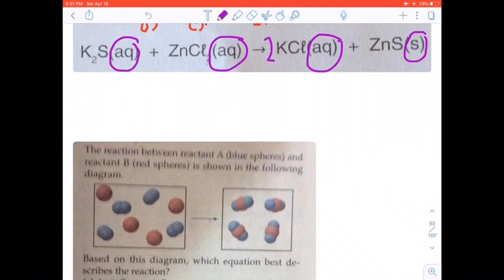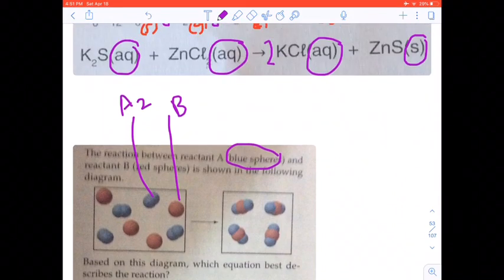Here it says a reaction between reactant A, right? Reactant A, blue spheres. So A is actually blue spheres, so that's going to be A squared. And reactant B is red. If we have to write an equation for this, we're going to say A squared, but we got how many of it? 4, right?